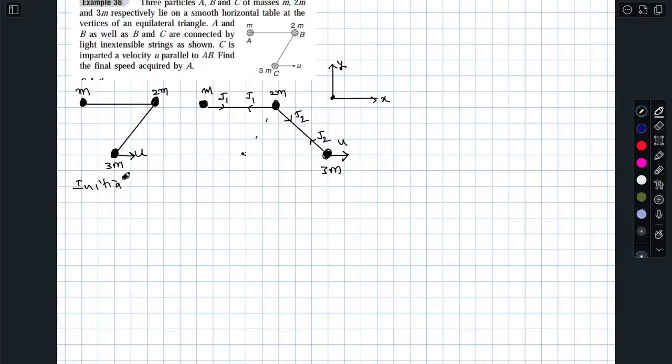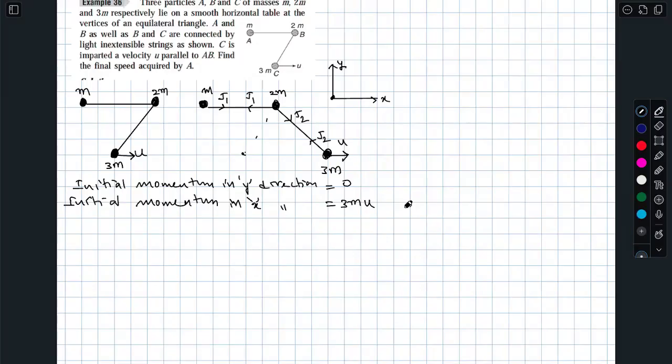The initial momentum in the y direction is 0. The initial momentum in the x direction is 3mu.